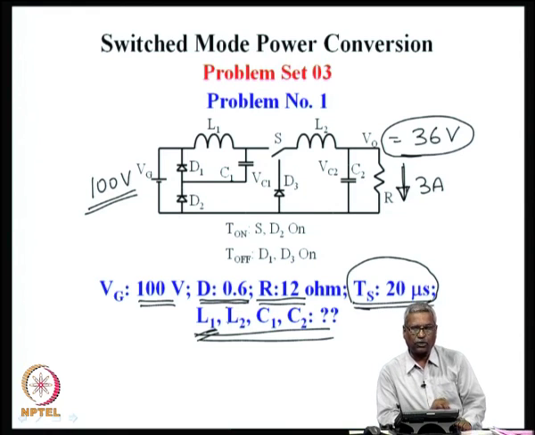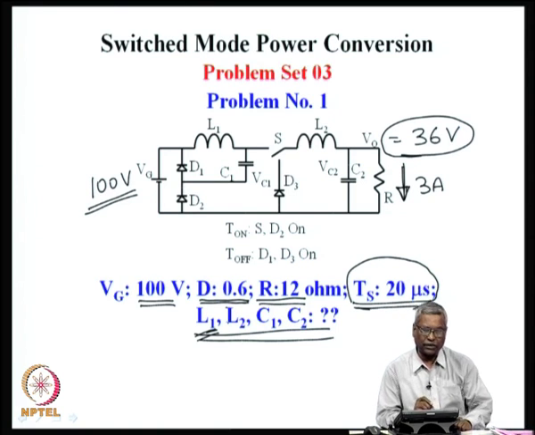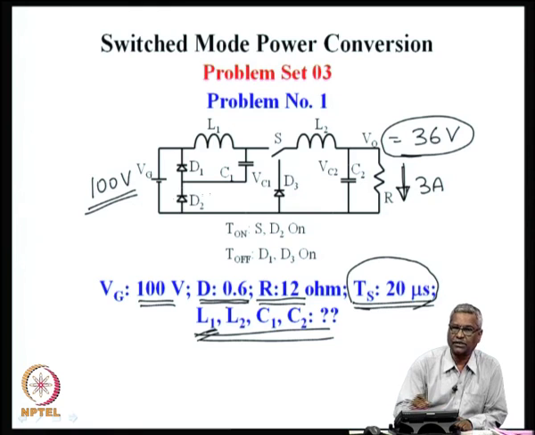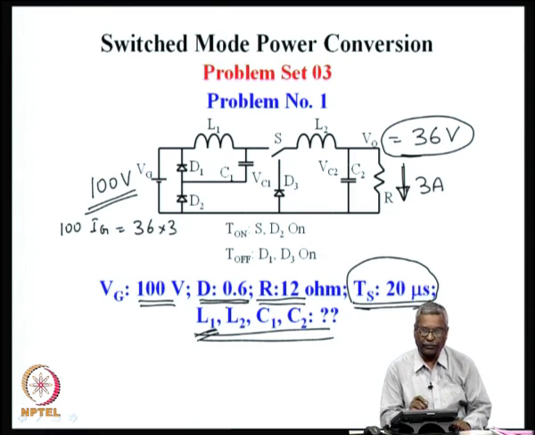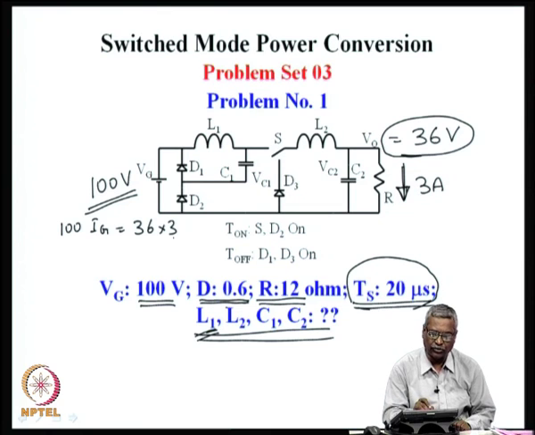We have assumed that all the switches are ideal. It means there are no losses in the converter. If that is so, then we might also say that the input power is the same as the output power. So, we might say that 100 times Ig is equal to 36 times 3 amperes. The output power is V into I, 36 into 3.